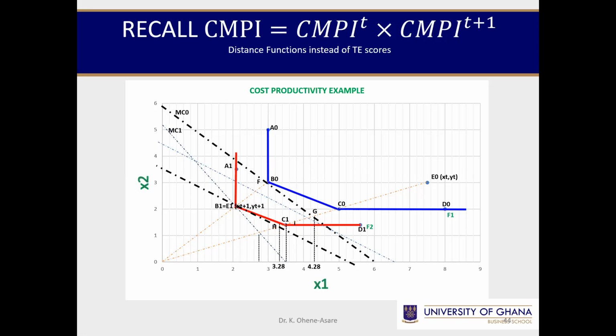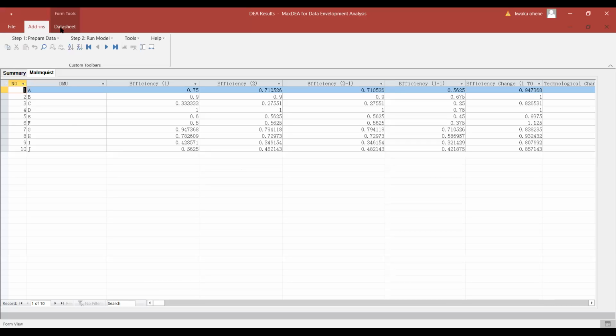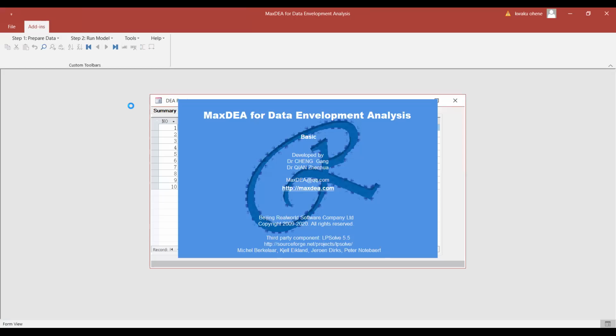I just want to show you something quickly about this. I'm showing you the MaxDEA software, and I'm just going to run the model. This is not the same data. We'll come to the same data, but I'm just going to use something to tell you. Do you see the screen, by the way?